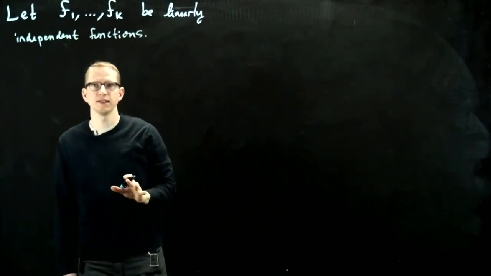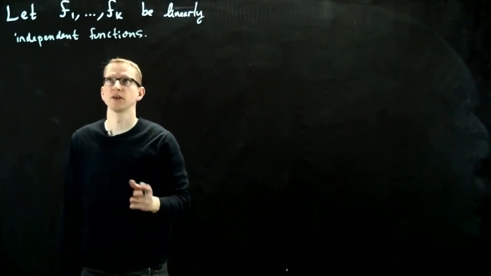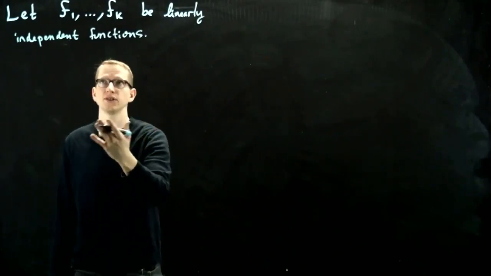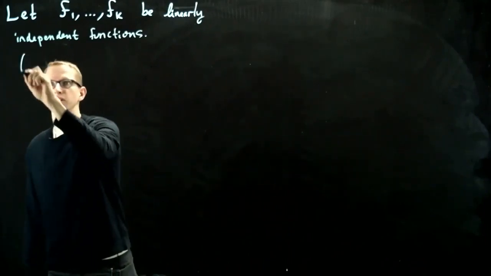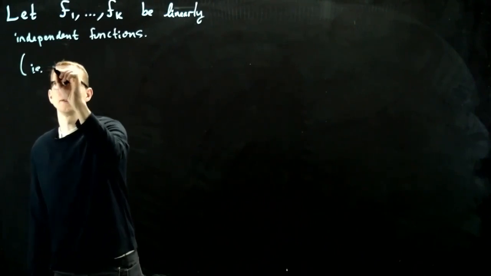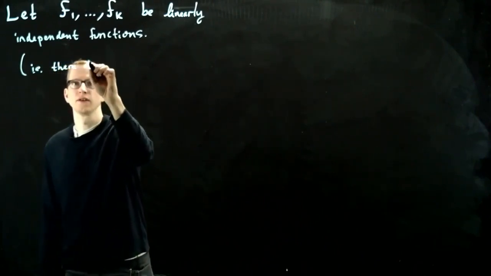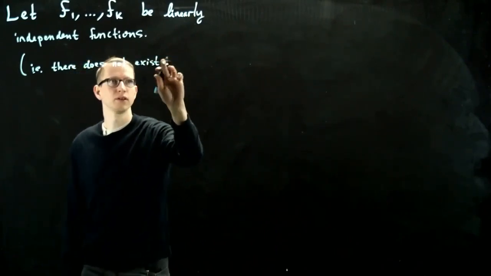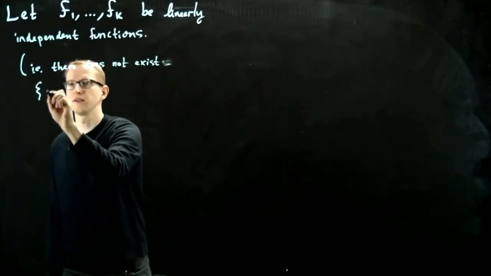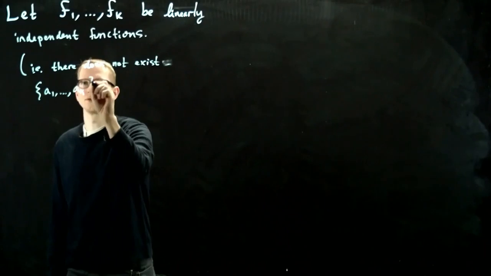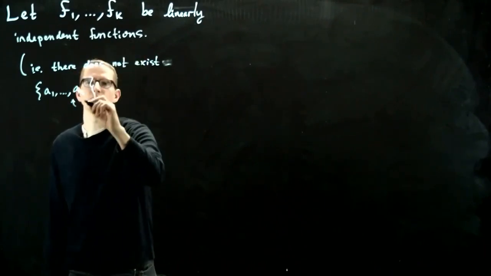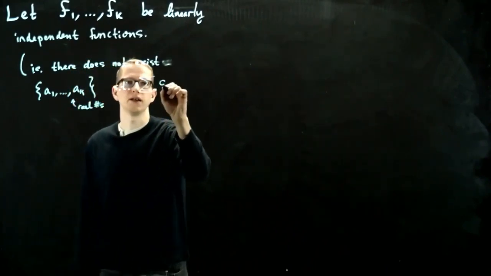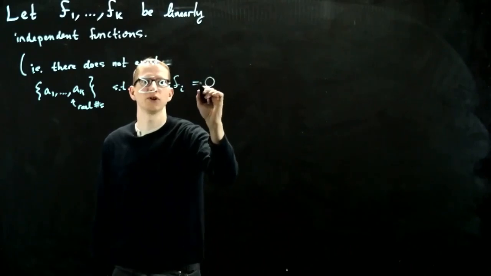And what I mean by this is it's the same definition of linear independence of vectors, namely that there does not exist a set of numbers a1 through ak, so these are real numbers, or complex if these are complex valued functions, such that the sum of ai fi equals 0 as a function.